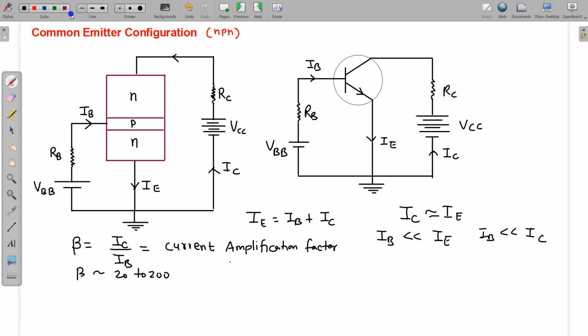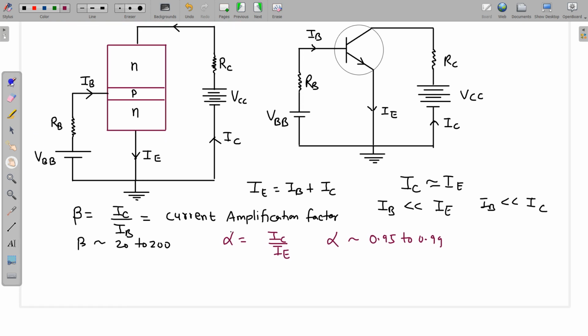We also define another parameter called alpha, which is equal to IC upon IE. Since IC and IE are nearly equal, alpha is about 0.95 to 0.99. From the relation IE is equal to IB plus IC, if you divide both sides by IC, we get IE upon IC is IB upon IC plus 1.